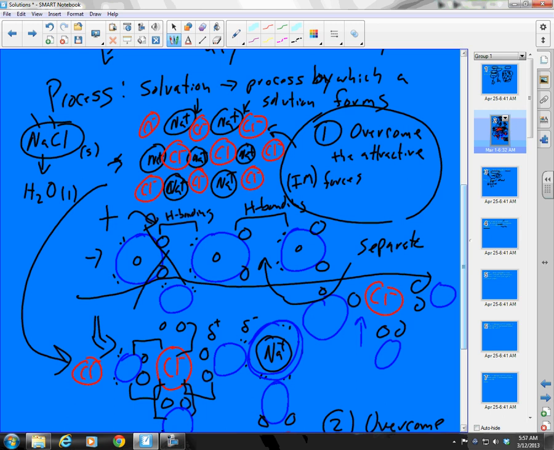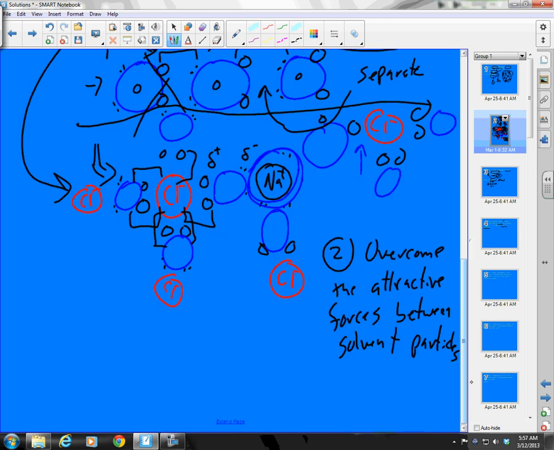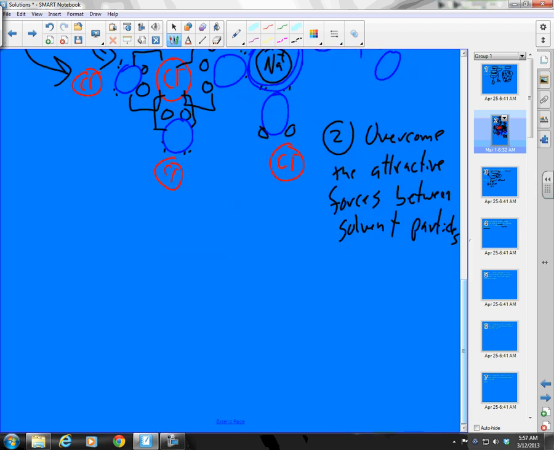We want to overcome the attractive forces between solute particles. Let me be clear on that. In this case, it doesn't matter with salt, but if we have a molecular compound, we want to be clear. We are overcoming the IM forces, the attractive forces between solute particles. Down here, we are overcoming the attractive forces between solvent particles.